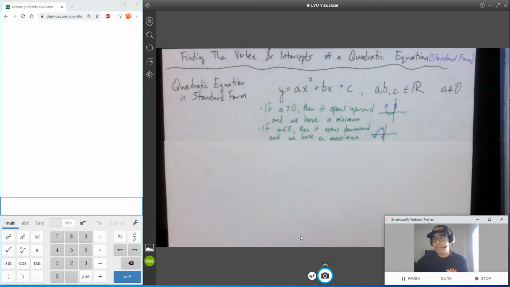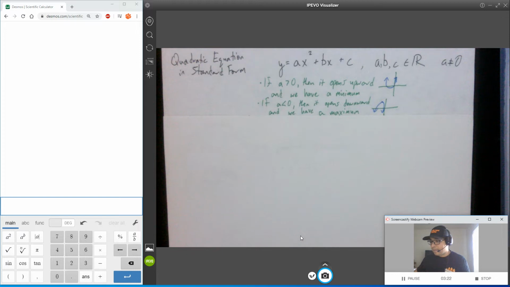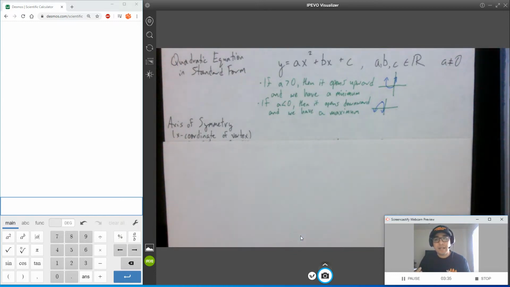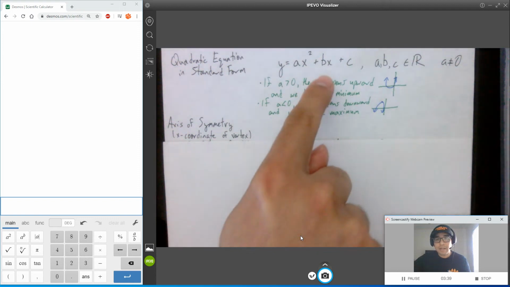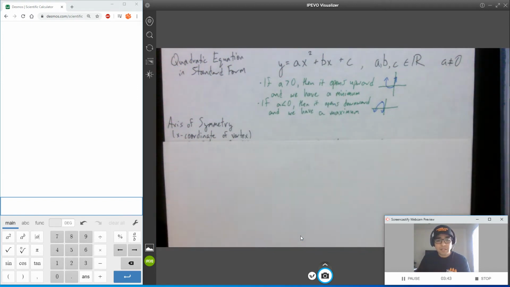Also, from this standard equation, one thing I can figure out is the axis of symmetry along with the x-coordinate of the vertex. I can take this quadratic equation in standard form and complete the square to find the x-coordinate of my vertex.